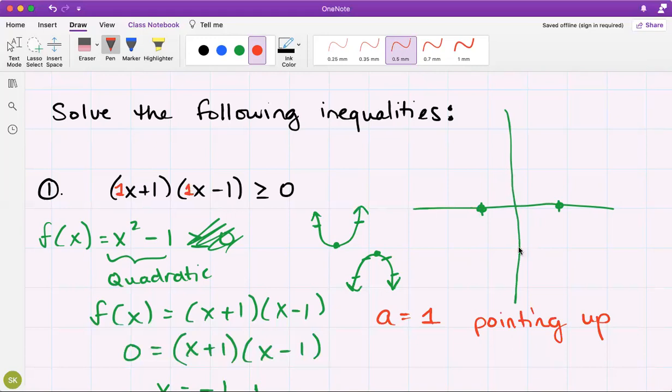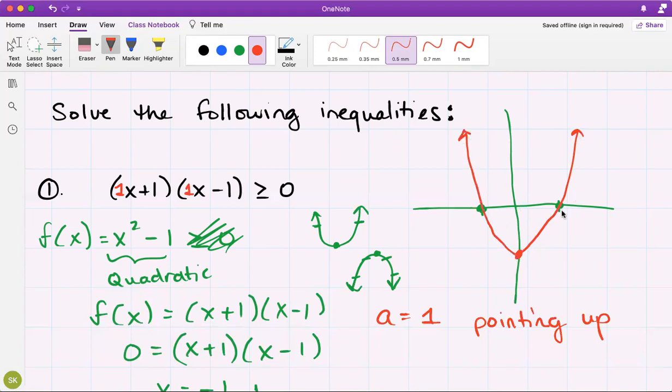So somewhere along this line, I'm going to have a vertex, and it really doesn't matter where you put the vertex. This is a sketch. All I need to know is if the vertex is above the 0, y is equal to 0, or below. And because it's pointing upwards, you know it's going to be below.